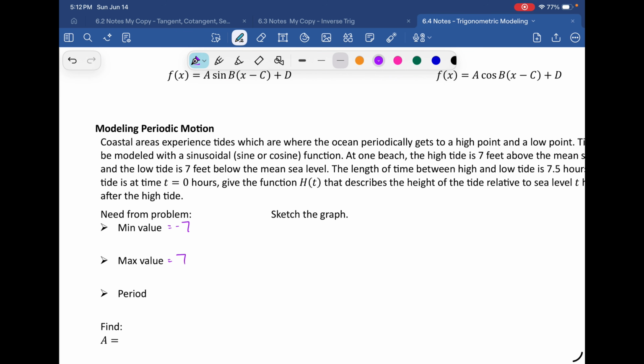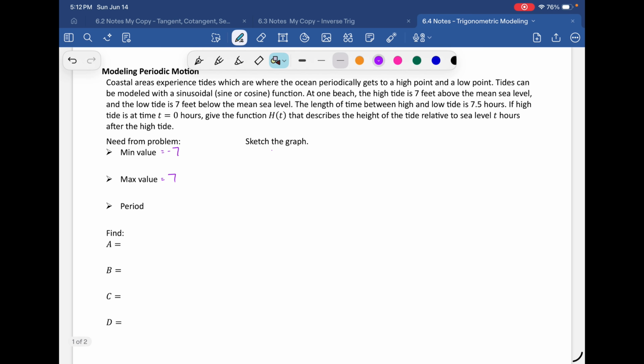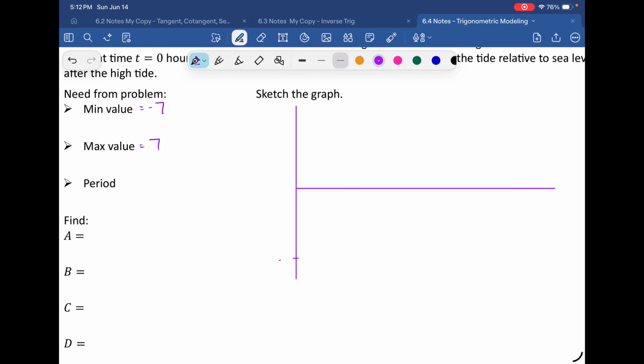The length of time between the high and low tide is 7.5 hours. All right, what this does not give me is a period. So I'm going to sketch this graph. I know I go as low as -7 and as high as +7.